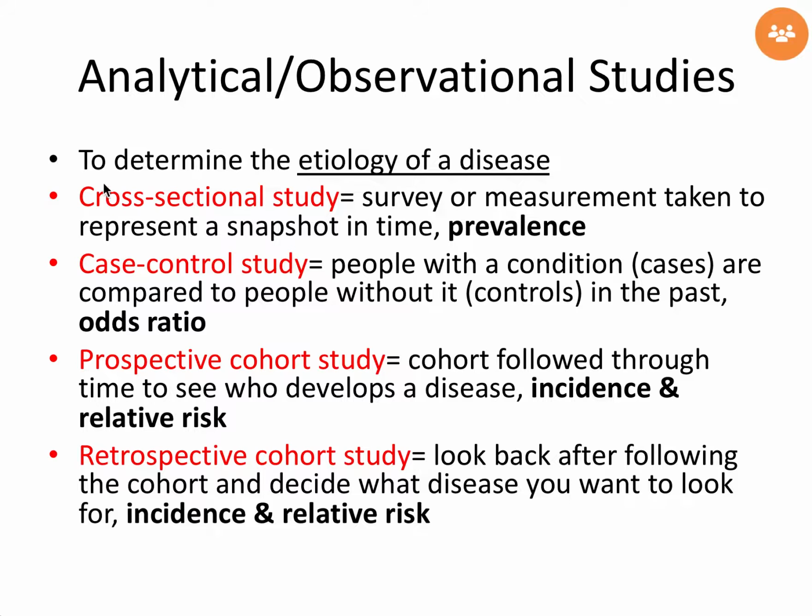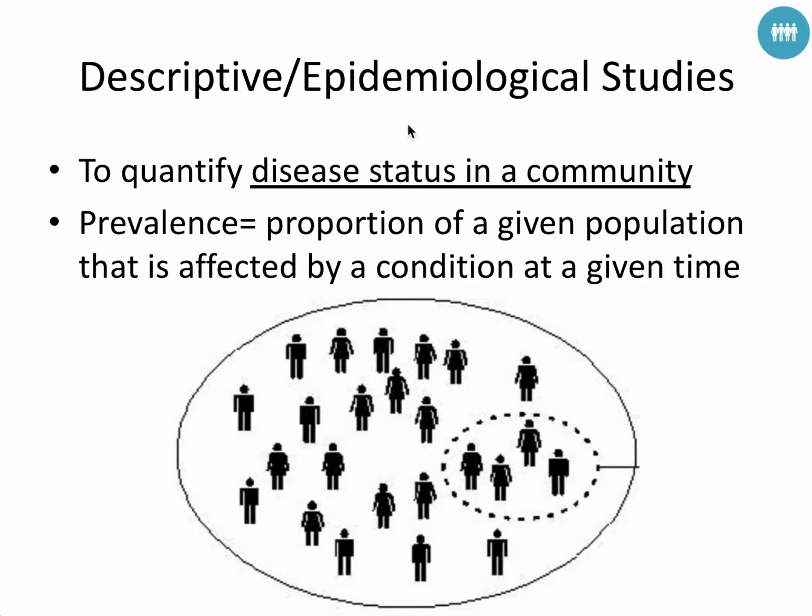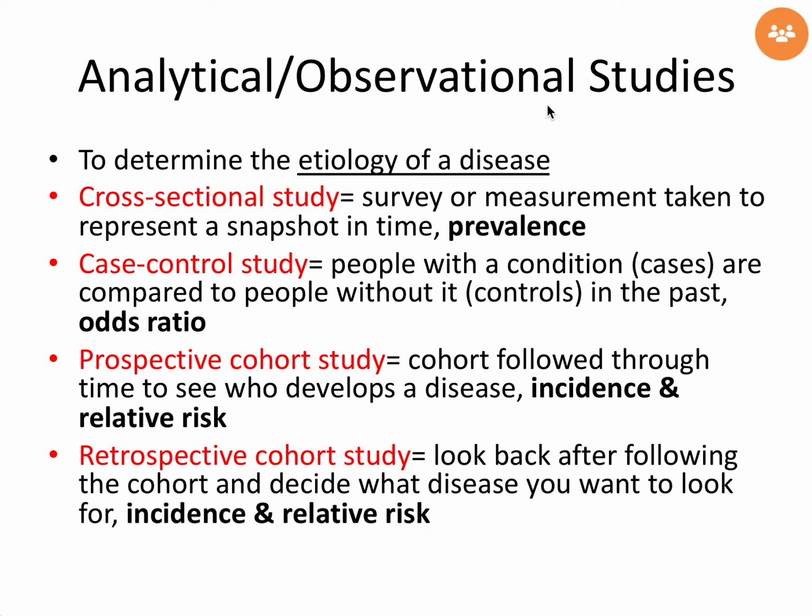So the first one we're going to talk about here is the cross-sectional study. This one's very similar to what we just talked about, but on a smaller scale than the community-based epidemiologic studies. Cross-sectional studies involve a survey or measurements that are taken to represent a snapshot in time.